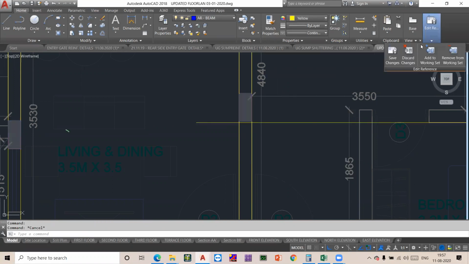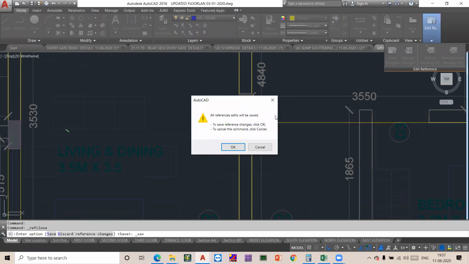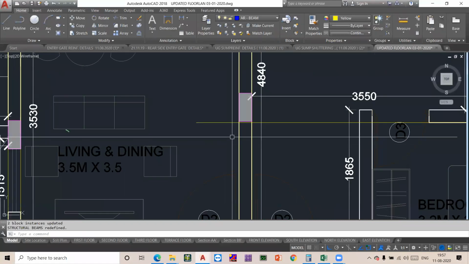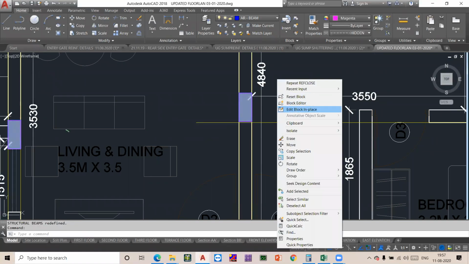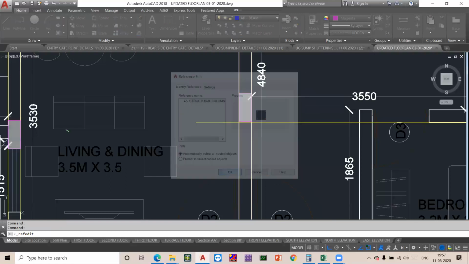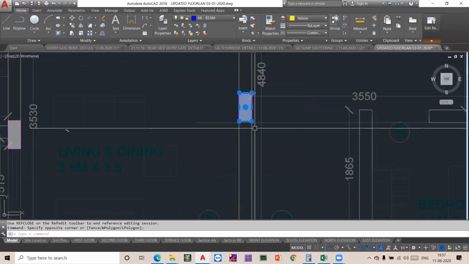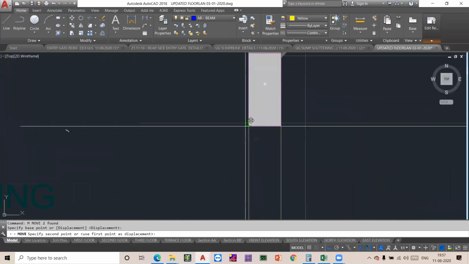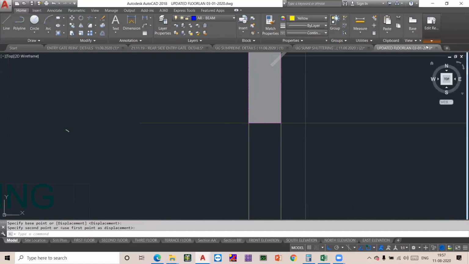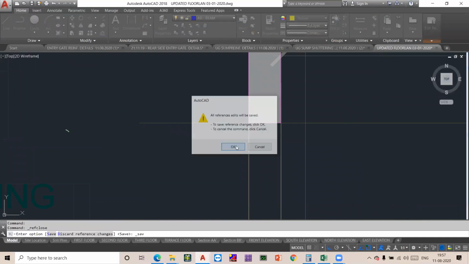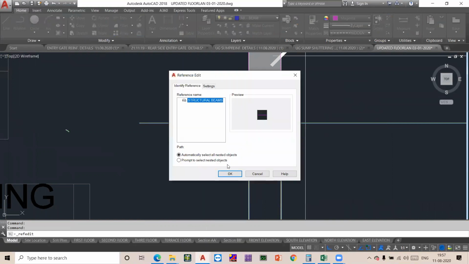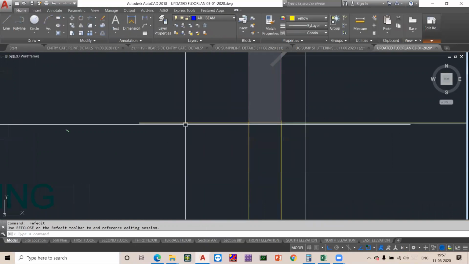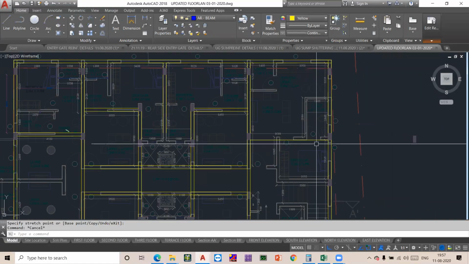So what I need to do is I need to save the structural beam block and come out of it. Only after that I can select the structural column block, get into it, and edit it. Right. Now again I'm getting into the structural beam block.